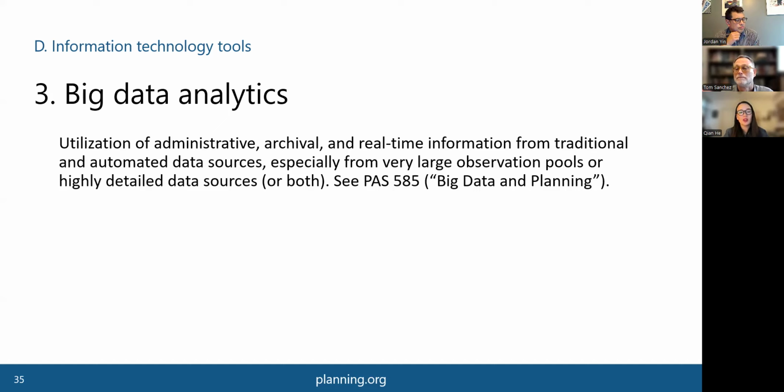And third is big data analytics, the utilization of administrative, archival, and real-time information from traditional and automated data sources, especially from very large observation pools or highly detailed data sources, or both. And usually when we talk about big data, it refers to highly diverse and complex data, and of course, by the meaning of big, there are large sample sizes for the data collection.